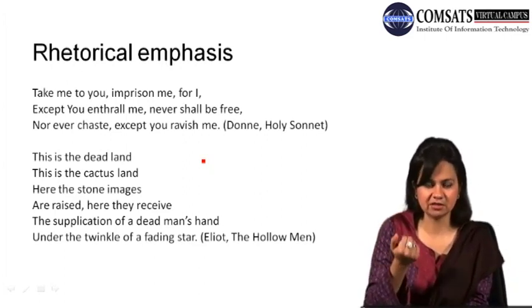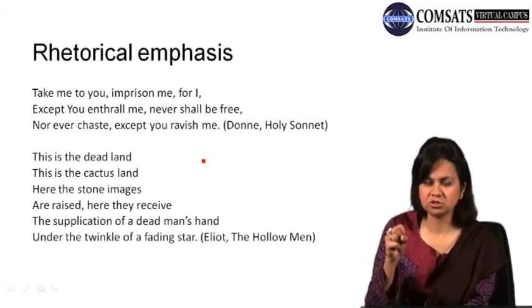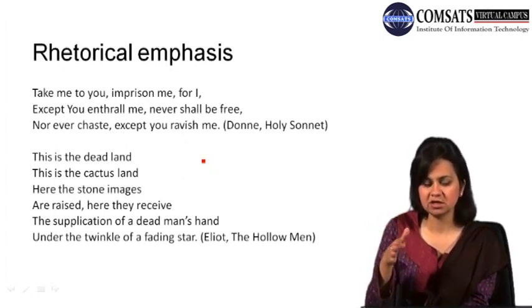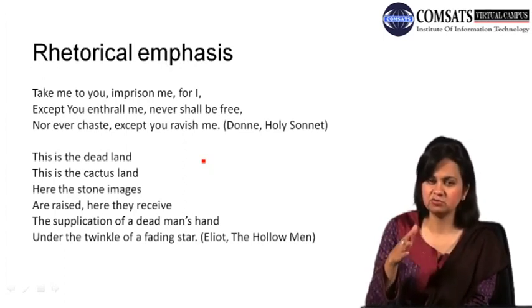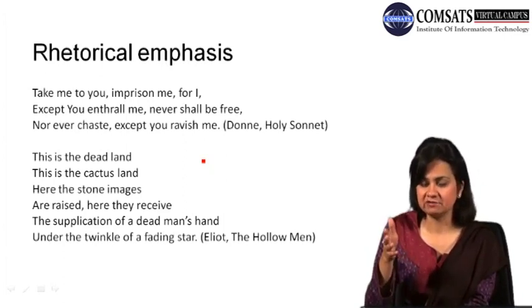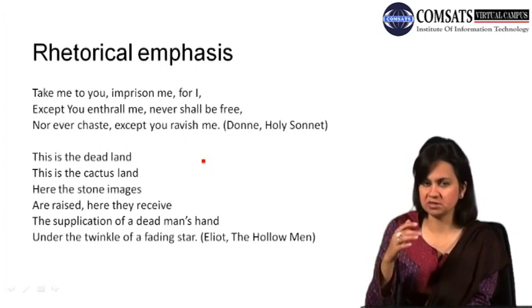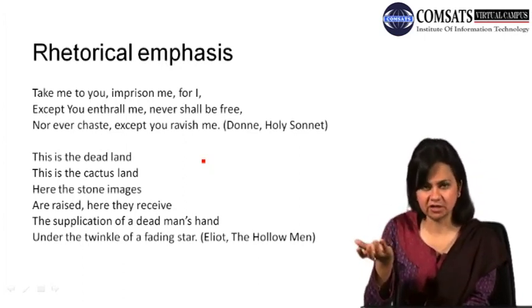As it's a holy sonnet by Donne, he's addressing God, that God should break him, God should imprison him, take him in his custody. Now the imprisonment with God, as in this parallel structure has been revealed, would be his freedom, would be his salvation, and that will be possible only through the speaker being ravished, enthralled, imprisoned, broken and torn down by God, and then he will be made anew in the afterlife.